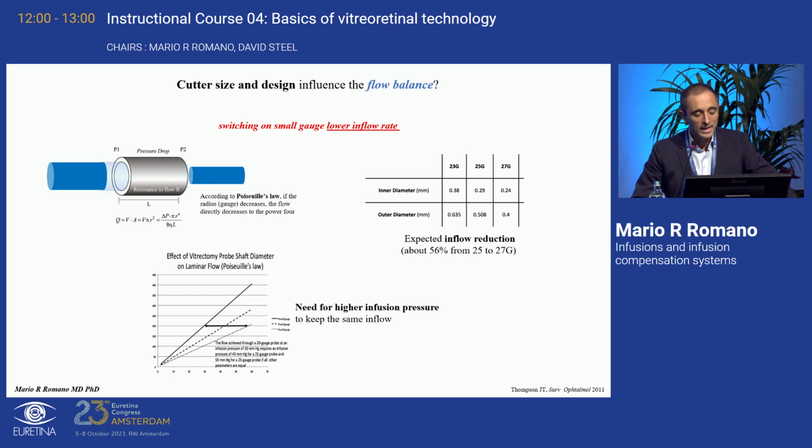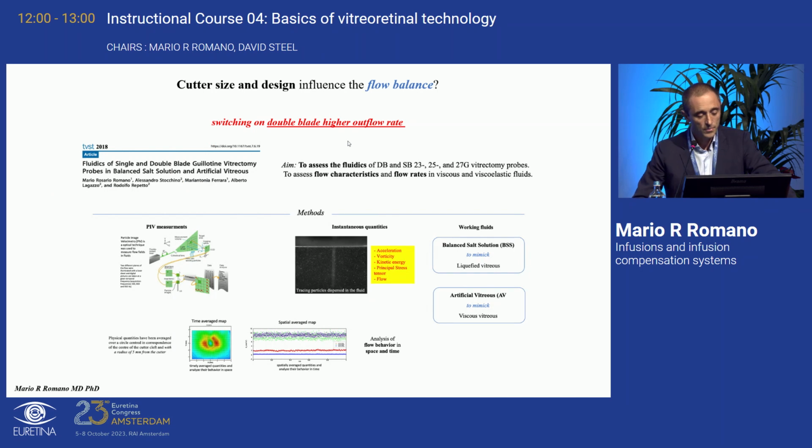Now, the cutter size and design influence the flow balance because we are switching to small gauge vitrectomy. That means a lower inflow rate, an inflow reduction of about 50%. At the same time, we are switching to double blade, with a higher outflow rate.